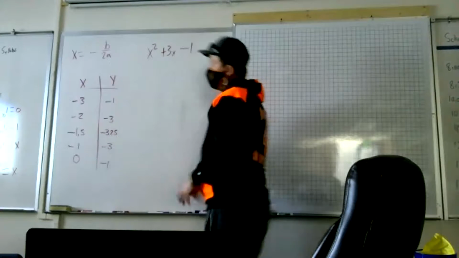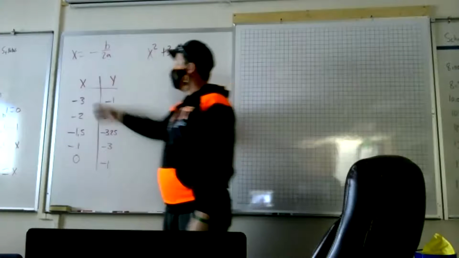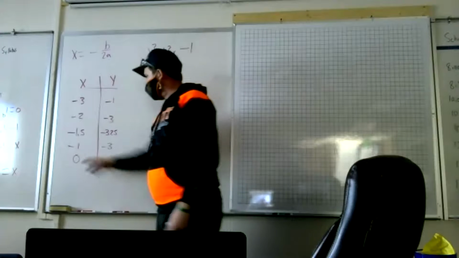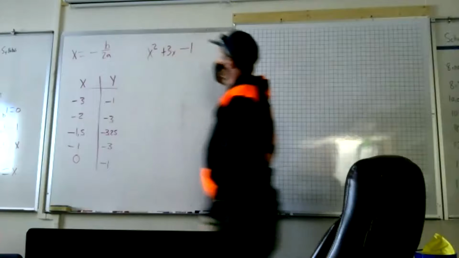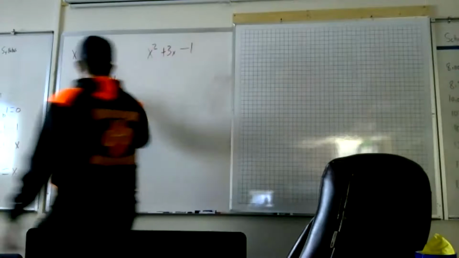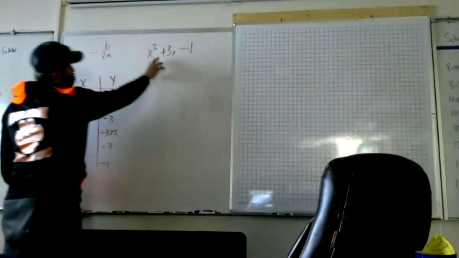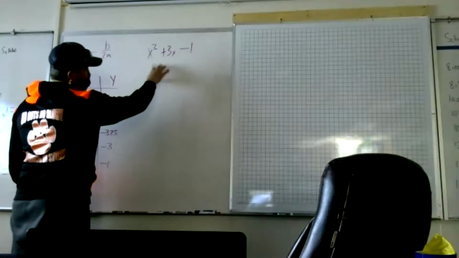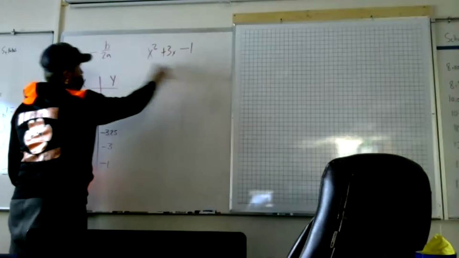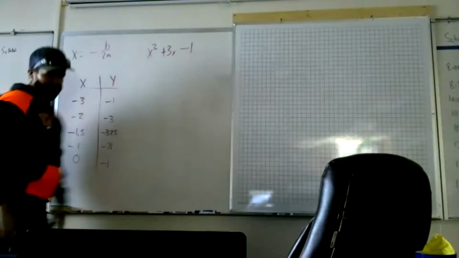So that's why -2 and -1 both have y values of -3. -3 is -1, 0 is -1. And you could actually check that if you wanted to. If you plugged in -3, -3 squared is 9, plus 3 times -3, which is -9, minus 1. So 9 minus 9 is 0, minus 1 gives me -1.